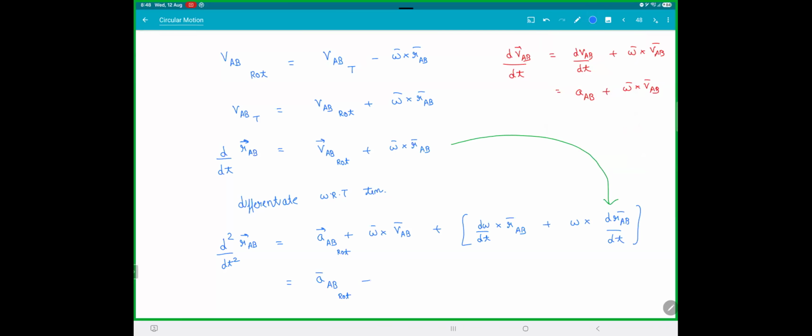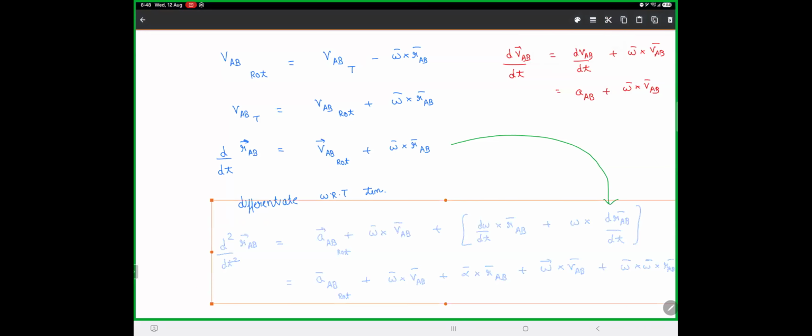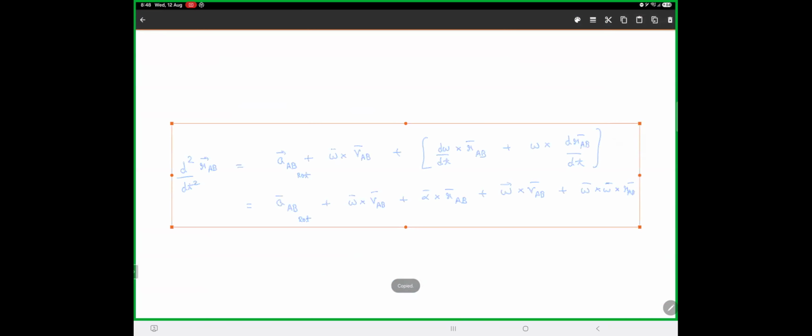So omega cross VAB, d omega by dt becomes alpha. And this guy will be omega cross. We have to multiply this whole term again. We get omega cross VAB plus omega cross RAB. That's a big one. Again, like I said, don't worry too much about the derivation. I wanted to show you what you get in the final terms there.